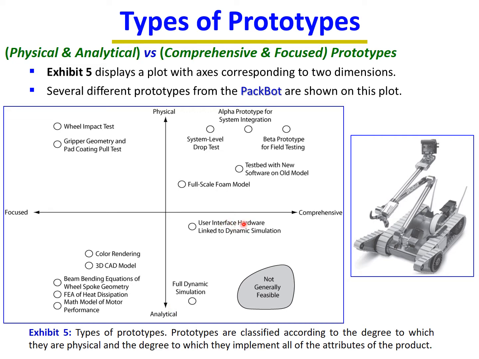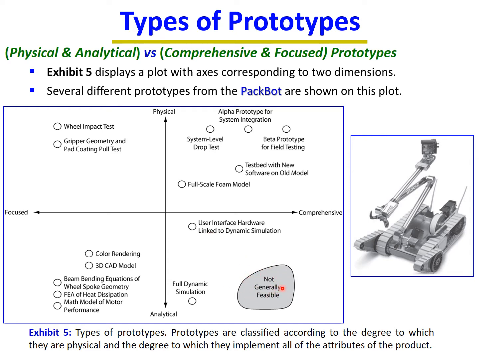User interface hardware linked to the dynamic simulation. So now, user interface hardware, you are going towards physical, but it is linked to dynamic simulation. And here, not generally feasible.